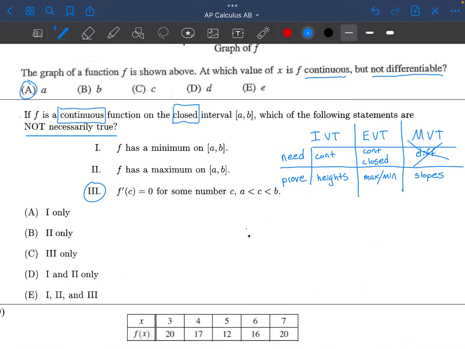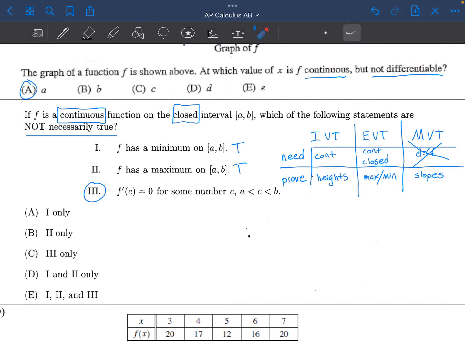Well, 1 and 2 are using EVT because they're both asking for a minimum and maximum, which are proved with EVT. And remember, EVT just says there is a minimum, and that's what this is saying. There is a minimum, there is a maximum, which are guaranteed because we met the conditions for EVT, and therefore EVT applies. So these have to be true. 3 is the only thing that might not be true.